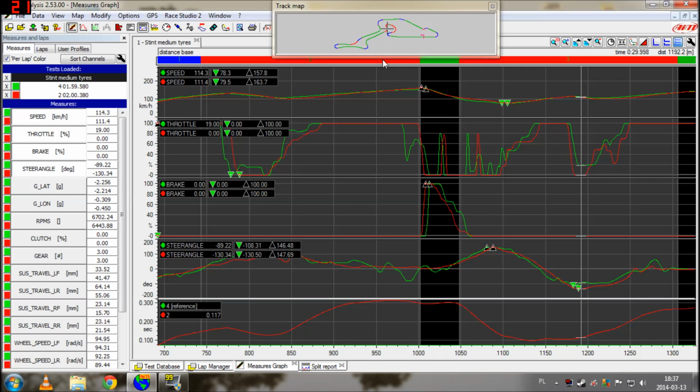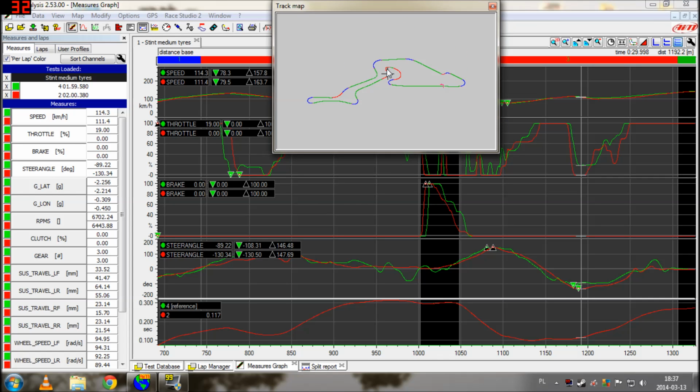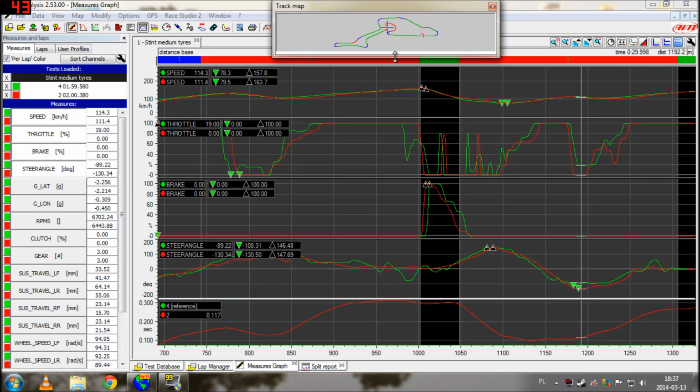And we are here on this right hander. If you know the track in Assetto Corsa, there's a huge, very high bump, I mean curb, on the right on the inside, and you have at least 2 different lines through there.